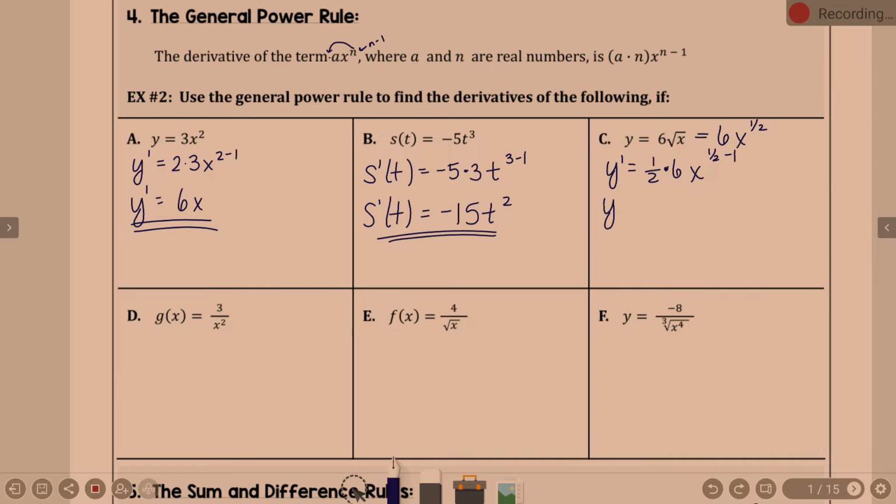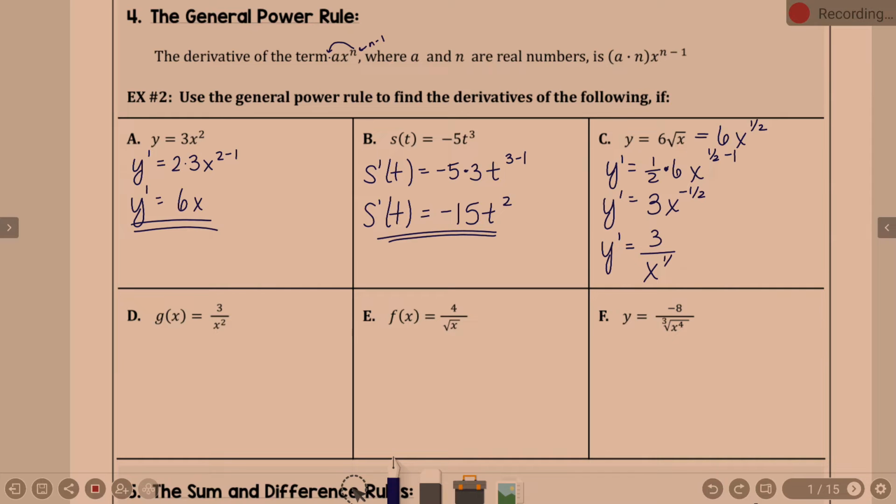Okay, half times 6. Half of 6 is 3. 1/2 minus 1 is negative 1/2. So that negative takes the exponent to the denominator. The 3 is going to stay on top.